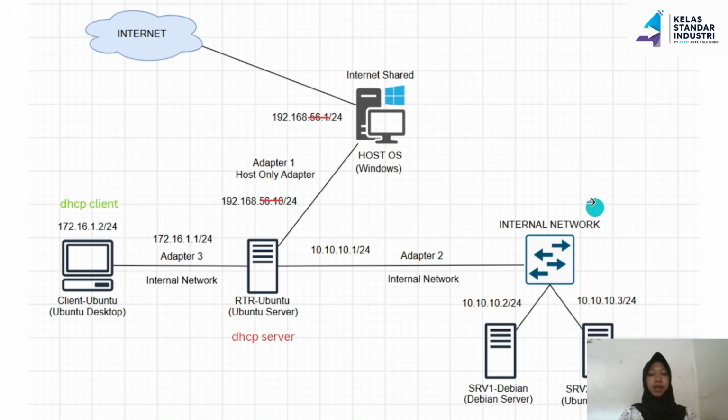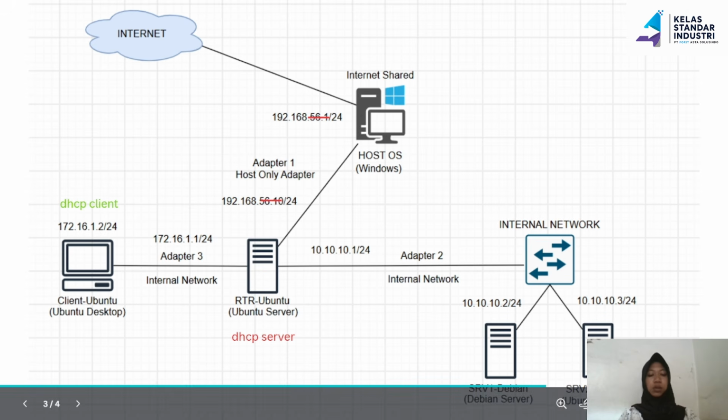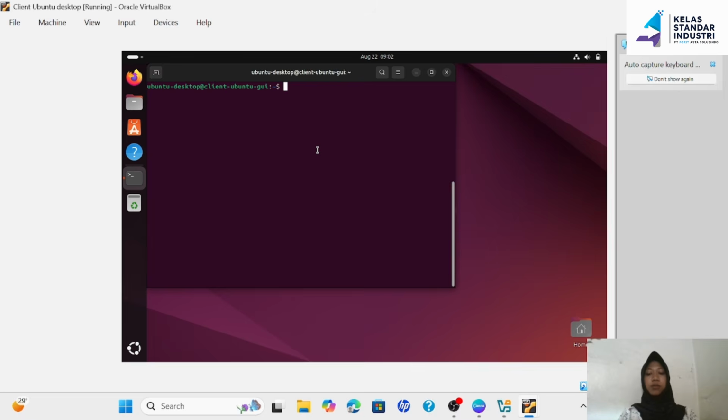Okay, let's practice it directly, friend. We can go to the Ubuntu client, then we will remote the router first. We enter the SSH command, then the server name, add the @ symbol, and then enter the router IP address.